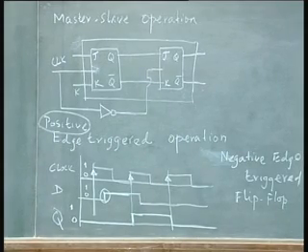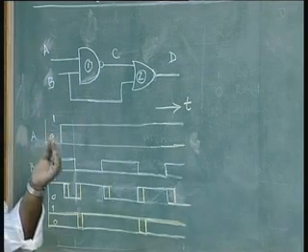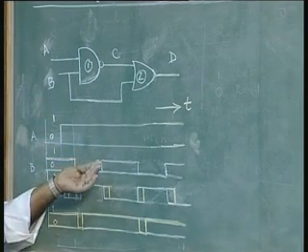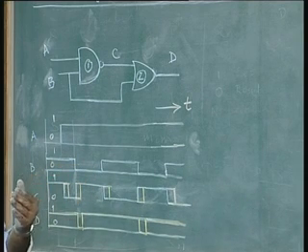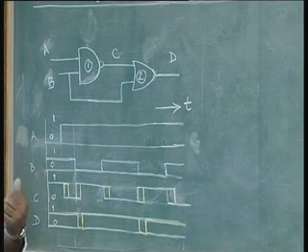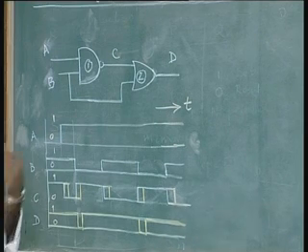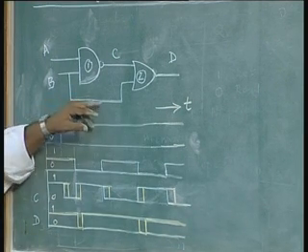So, the actual way in which it is done is to put an extra circuitry at the input of each of these flip flops. Each flip flop input, that means if it is a JK flip flop, 2 inputs, for each of these inputs you need to put this extra circuitry. So, there will be an extra circuitry that has to be put at the input of each of these.